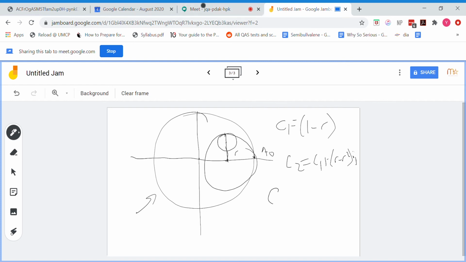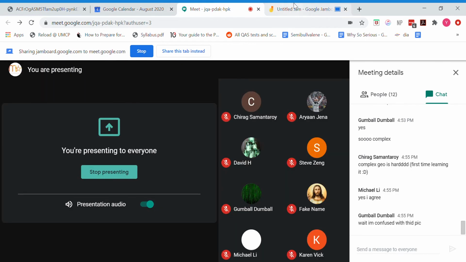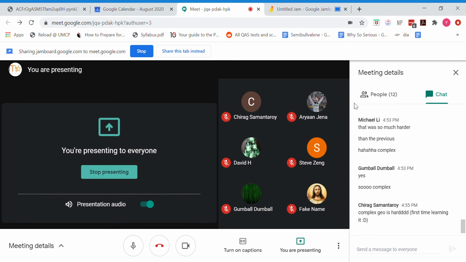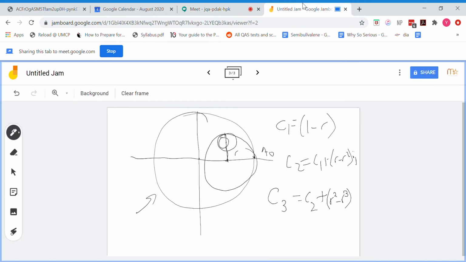So now what about C3? C3 is equal to C2 plus, now this time we're moving to the left, and we have R squared minus R cubed, because the radius of C2 is R squared and the radius of C3 is R cubed. This time we're multiplying by -1, because we're moving to the left.